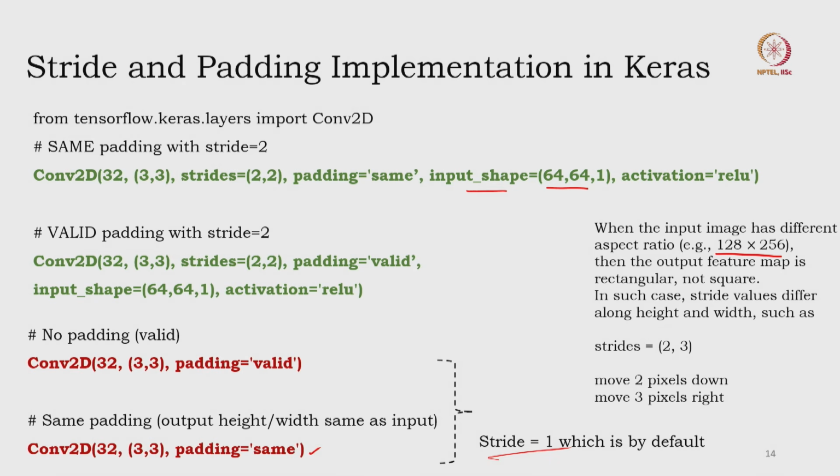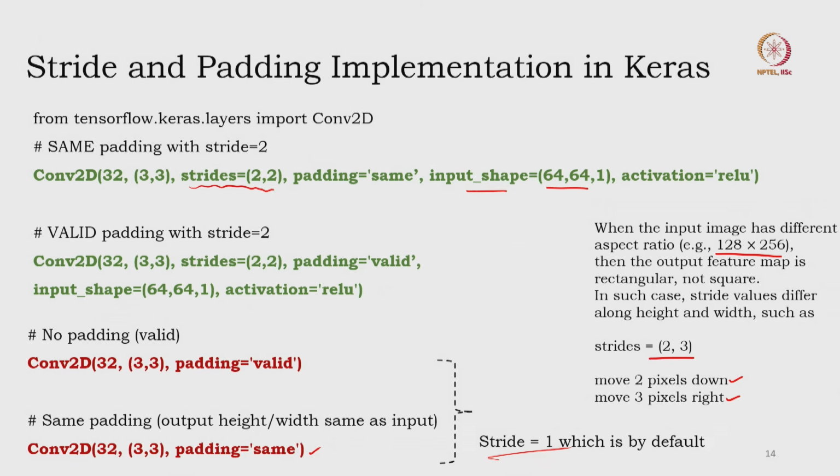In that case, you cannot have an even stride. You can have a different stride value, such as 2,3 or 3,4, a different aspect ratio. What does it mean? It moves 3 pixels right and then 2 pixels down. This is the meaning of a stride 2,3.